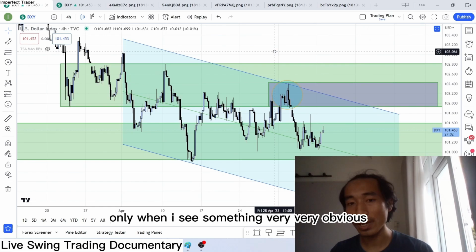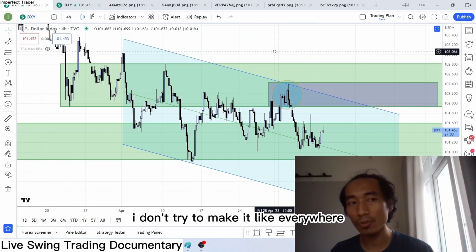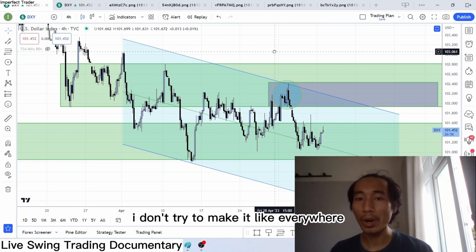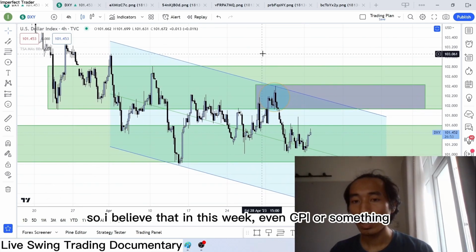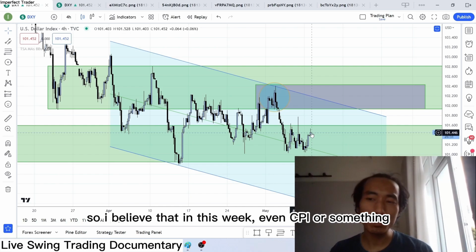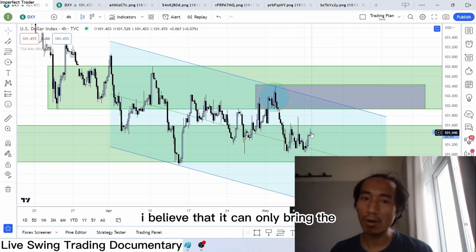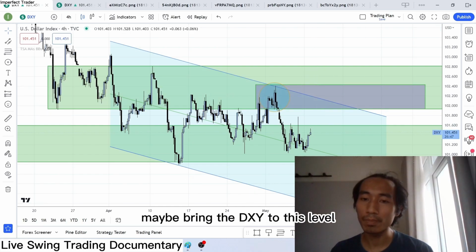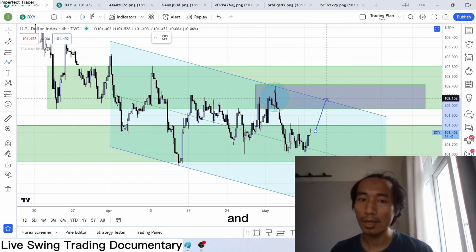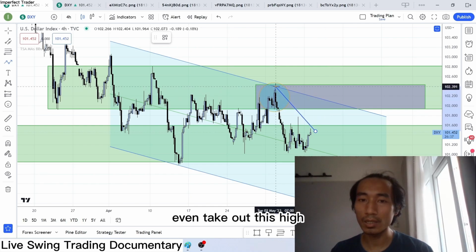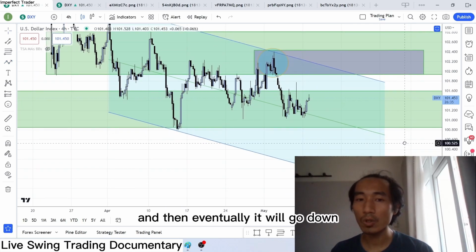Only when I see something very, very obvious. I don't try to make it like everywhere, just like support and resistance. So I believe that this week, even with CPI or something, it can maybe only bring the XY to this level and even take out this high, and then eventually it will go down.